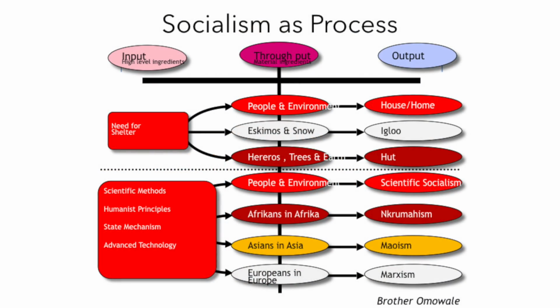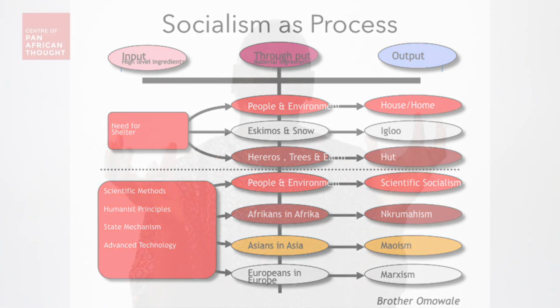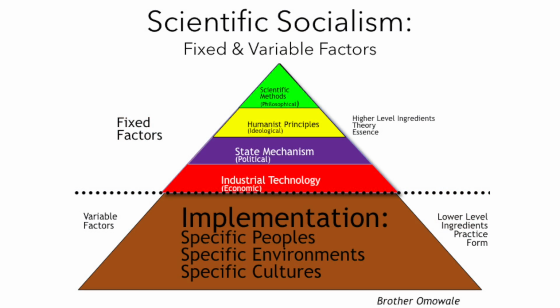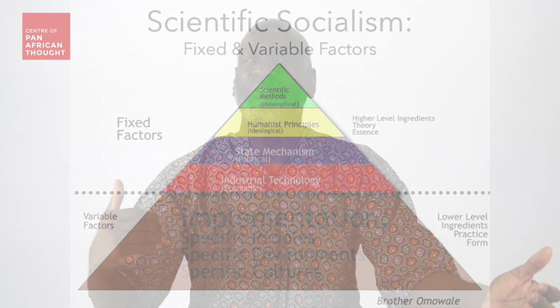So it is when we build socialism. Socialism too has its variable factors. The snow is variable to the mud, etc. So the people's history, the people's culture, and the people themselves are variable in different parts of the world.